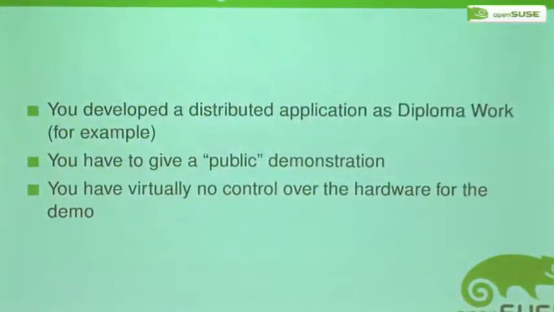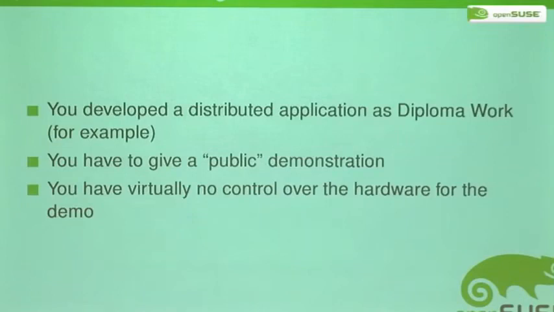Your prof says that you have two machines in the lab, but you cannot make sure that they are installed correctly, and you can't be there the day before fiddling with the machine. Then in the evening some other guy comes, uninstalls the package that you need, and you run into trouble when you give your demonstration, nothing works and you fail. Which is very black and white, of course, but it doesn't look good if you have a half an hour demonstration and need 20 minutes to set up your system.